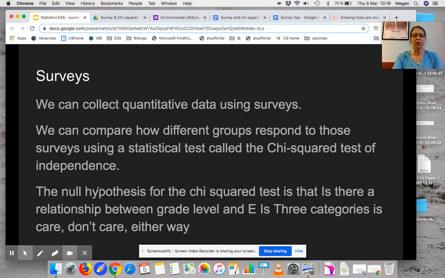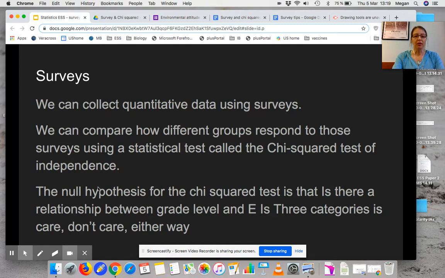So we have this sort of dependent variable that we're trying to judge with those types of questions, and we can then compare two or more groups as to how they respond to those questions. Then we'll use the chi-squared to determine if being part of this group or that group will alter how you end up responding to the survey.